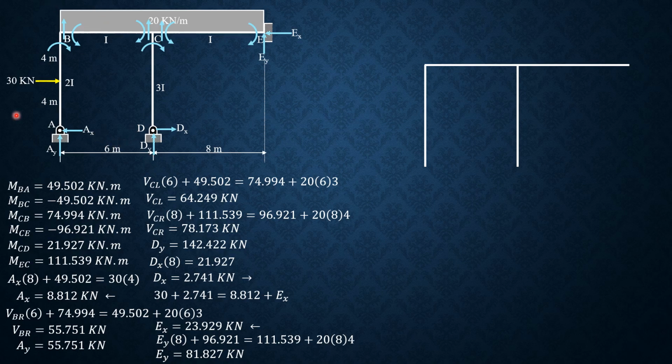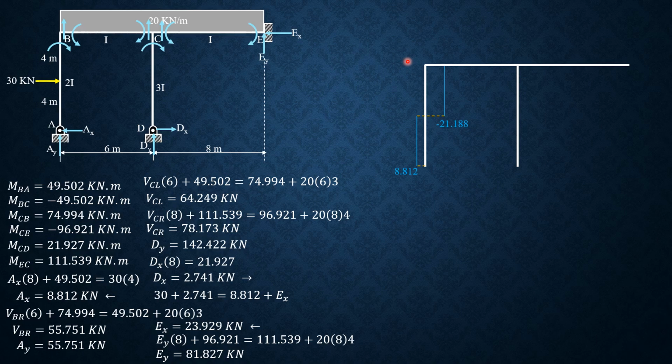So Ax is 8.812. So this is the left, that's the right. So 8.812 to the left. Then constant up to here, minus 30. 8.812 minus 30 is negative 21.188, then constant. So it should close there.